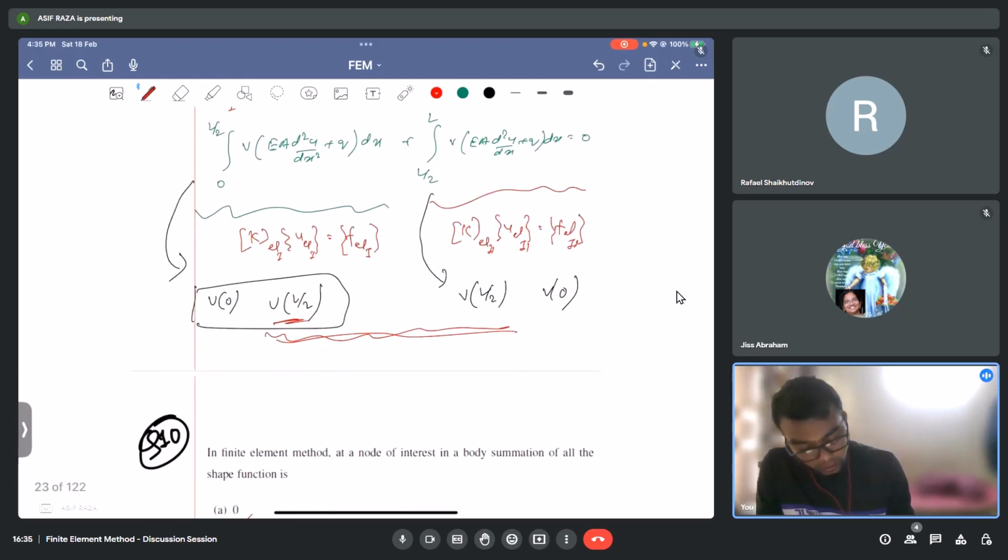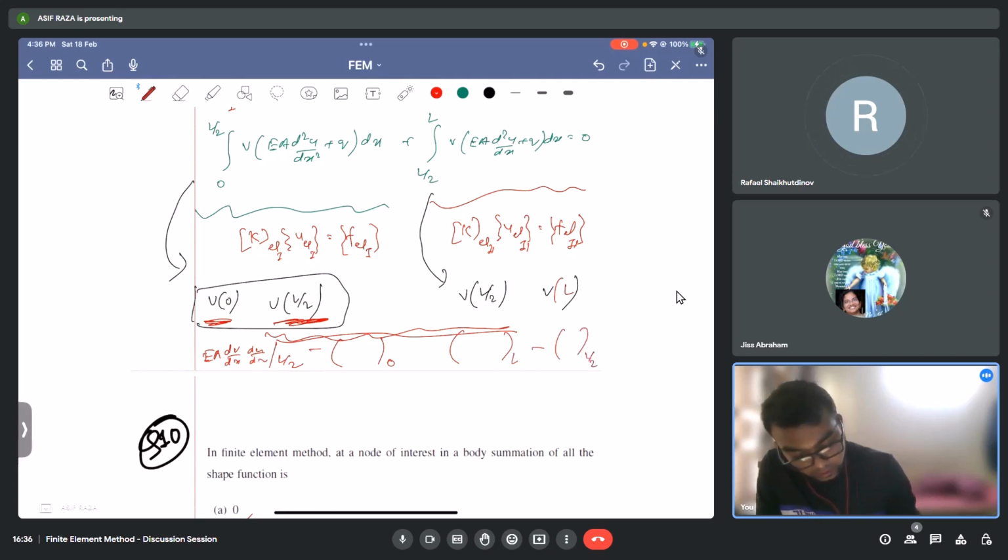This is for the upper limit, this is for the lower limit, so it will be like dv by dx, something du by dx at L by 2 minus at 0, and this one at L minus at L by 2.